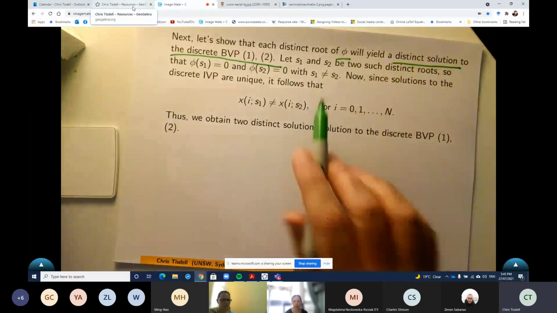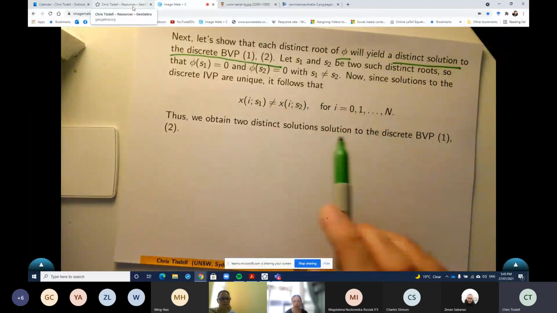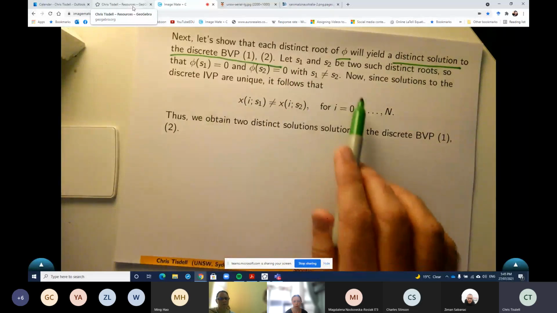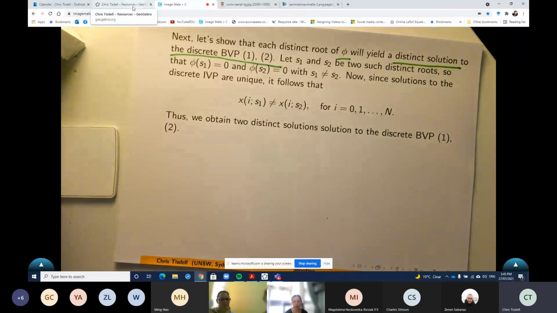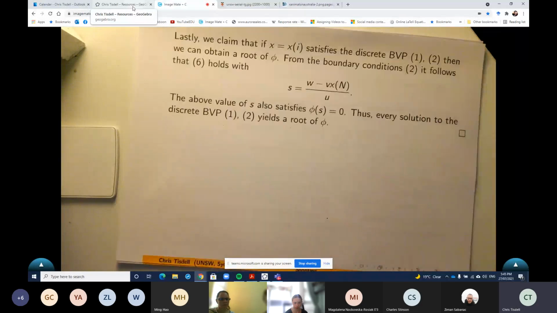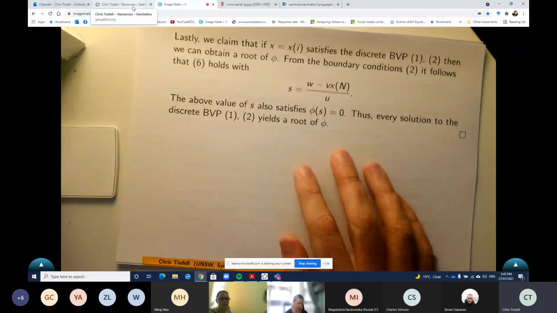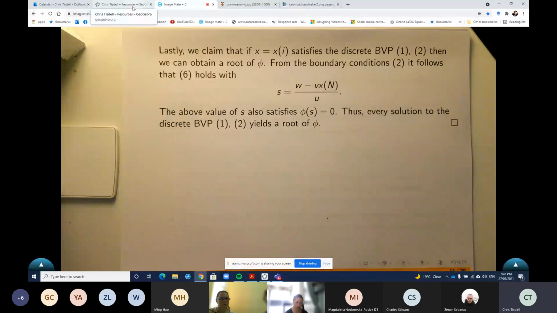And you can show that, well, just arguing by contradiction, if you like, S1 and S2 are distinct roots. You can show that the two solutions can't touch. Okay. So last step, and then I'll do some examples. So we're going the other way now.